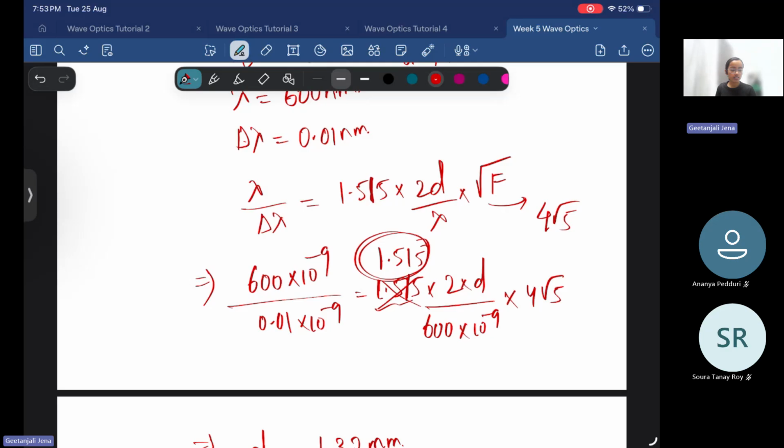So let me check it. I think these are the constant pi's. Some pi square values were also included for this. So this is the constant factor that we got during the calculation. It was around 2 pi by 4.1.